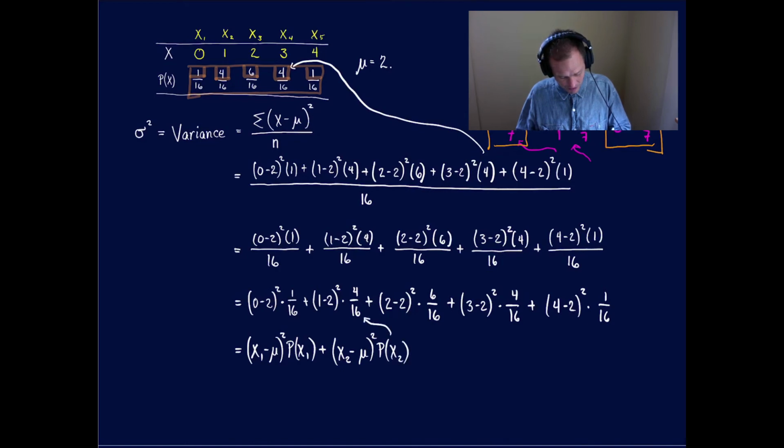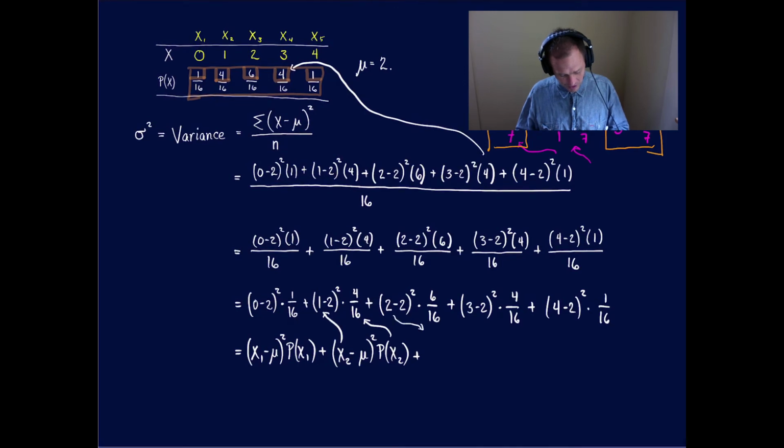It's the probability of x2. And we can continue. The next one, the 2, that was our data value x3. We subtracted from it the mean, we squared it, and then the 6/16, that's just the probability of x3.